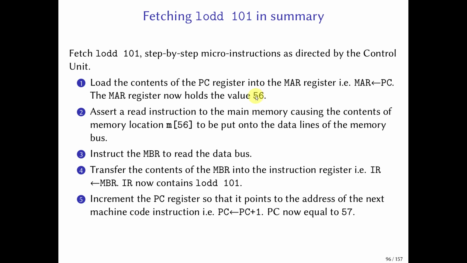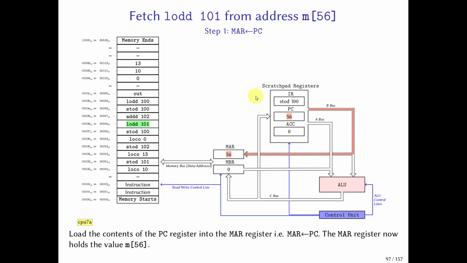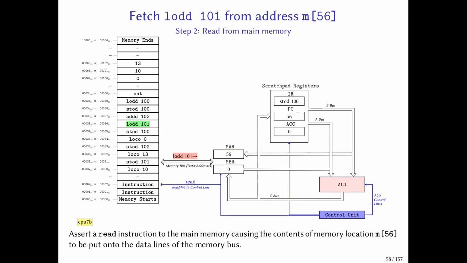So it's the same deal as before when we consider the fetch. We start off with the value in the PC register being copied through the data path and asserted into the memory address register. When that's been done, the control unit asserts a read instruction to the circuitry of the primary memory.